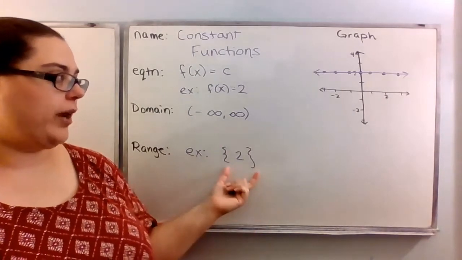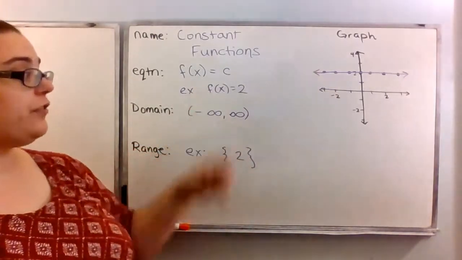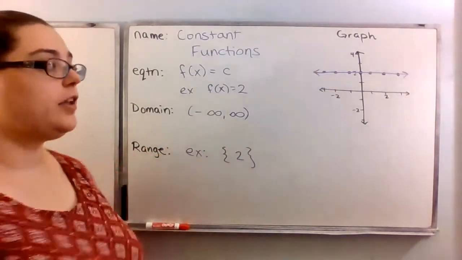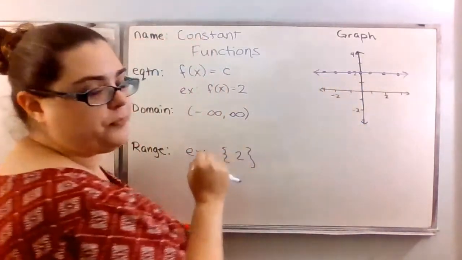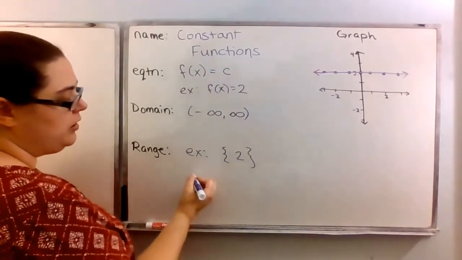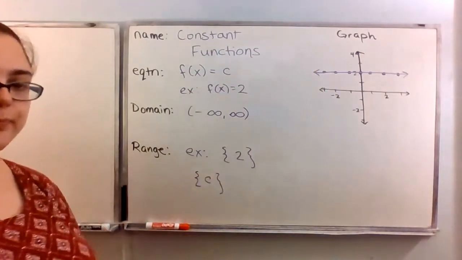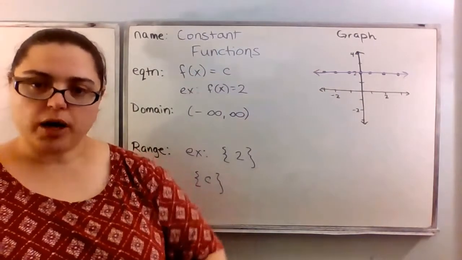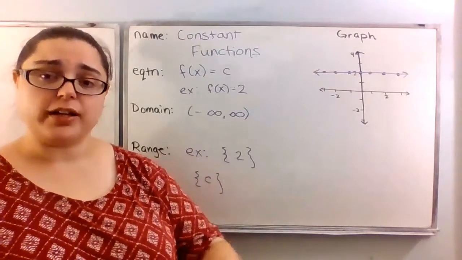Now, this is our range for our specific example, but if I had chosen the function f of x equals 1, then all of my y values would have been at 1 instead of at 2. So for f of x equals c, the range is going to be the set that includes c. I want to pause here for a second and talk about the difference between general and specific cases.